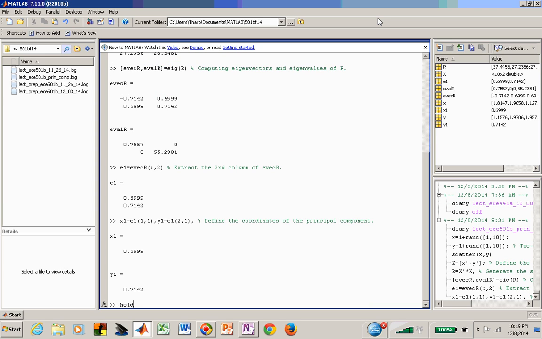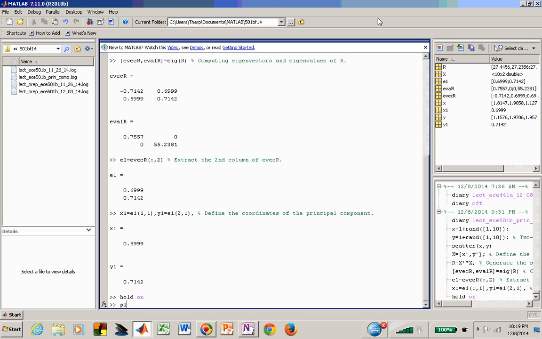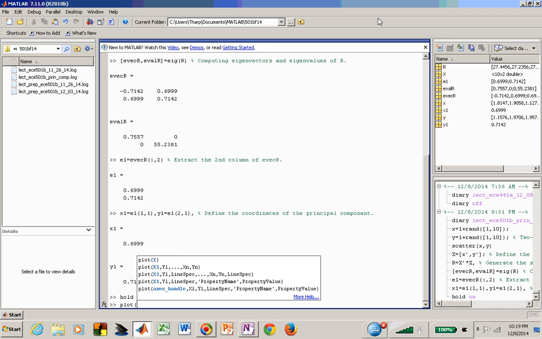And if we now put that on the same axis of that scatter plot before as a line, let's draw those points from the origin to x1, y1. We can do that by saying here are now our x coordinates. We start at the origin in x and go to x1. We start at the origin in y and go to y1.